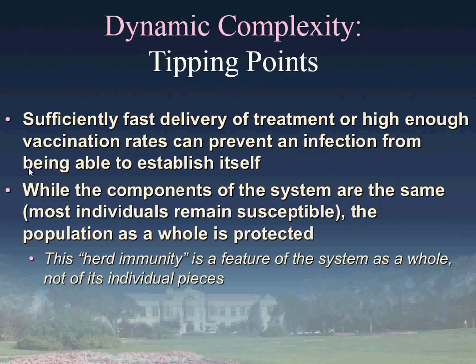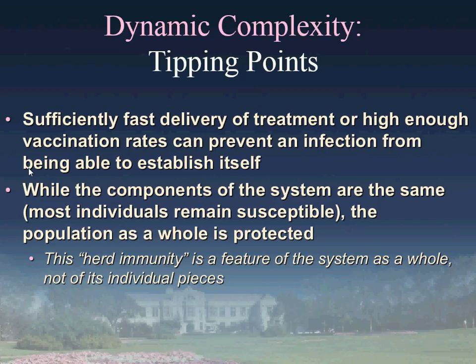One of them is the phenomenon of tipping points. We know from the infectious disease area that sufficiently fast delivery of treatment or high enough vaccination rates can prevent infection from being able to establish itself. We saw that in that little model this morning, right? We ran it with a small enough recovery time, and the infection didn't even get started for many of the runs.